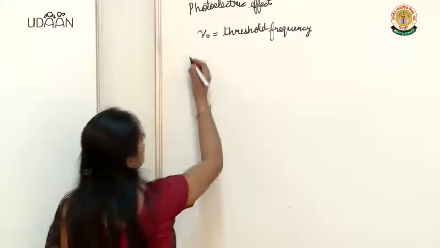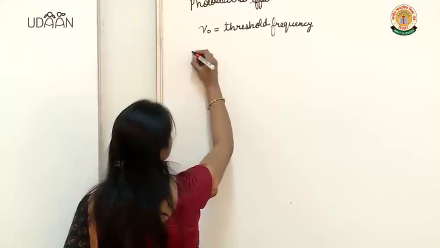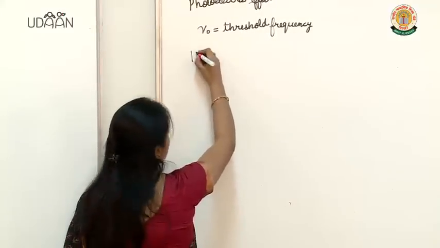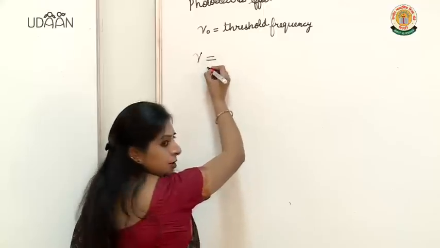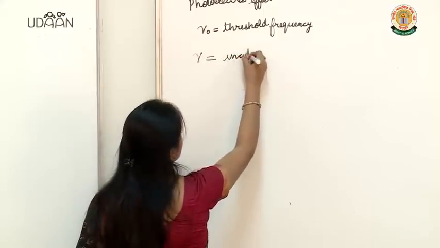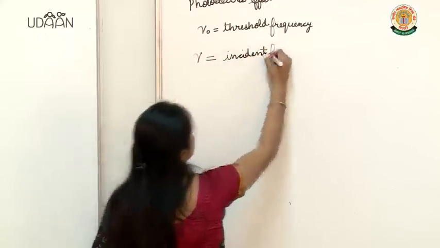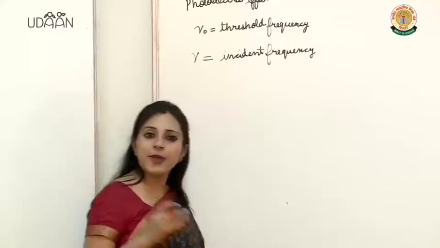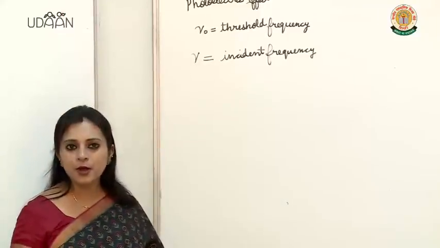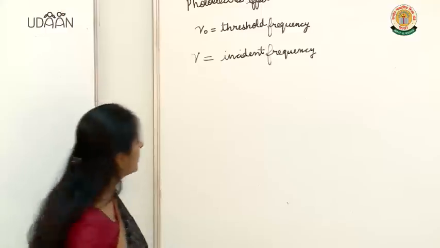So, now how do we find out kinetic energy? Suppose my incident radiation has a frequency nu. So, this is my incident frequency and nu naught is my threshold frequency. When do you expect the electrons to be emitted, or the photoelectric effect to happen?